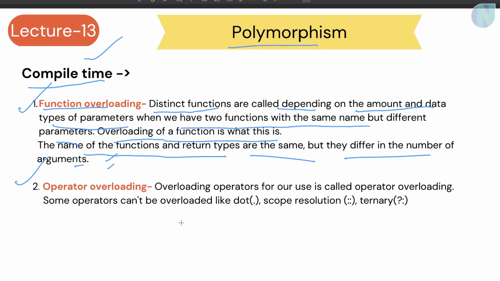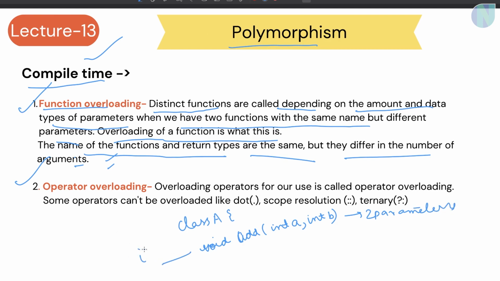So basically, consider I am having a class A. In this class I am having a void add function where I am giving the parameters int A and int B. So here I am giving two parameters. Let's call this function 1.